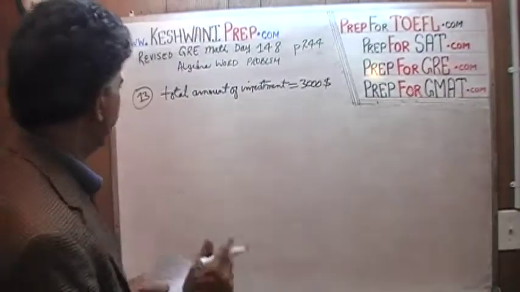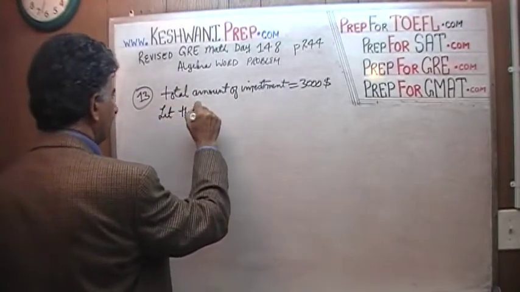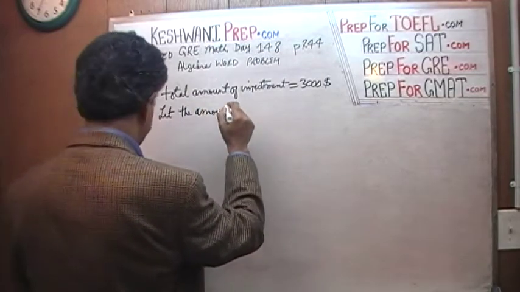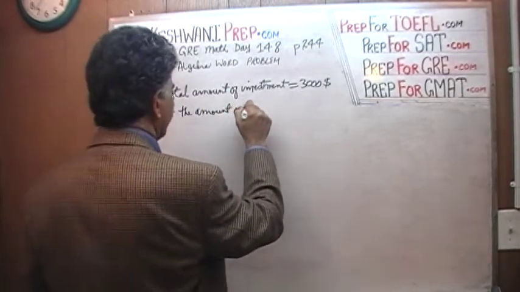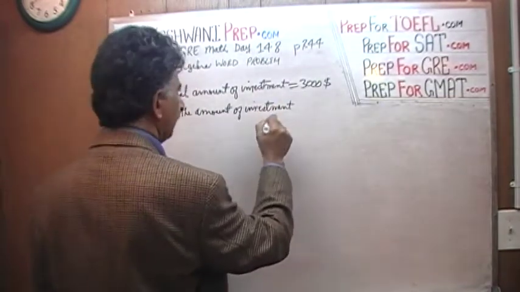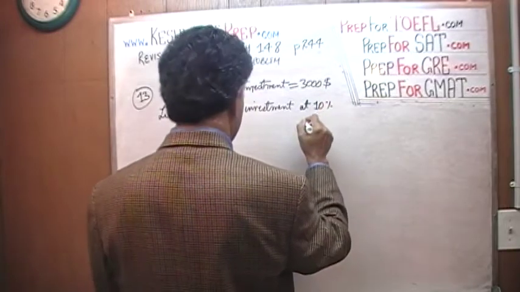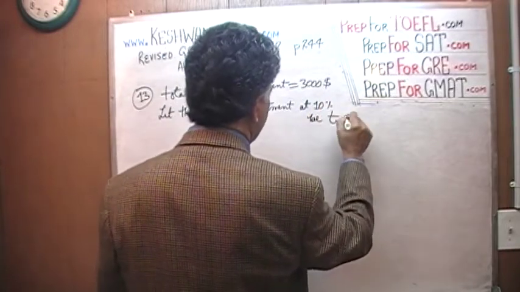All right, so let the amount of investment at 10% be $T.